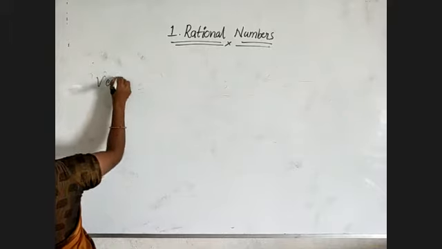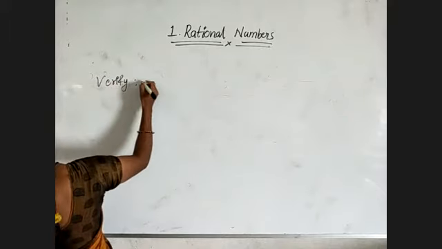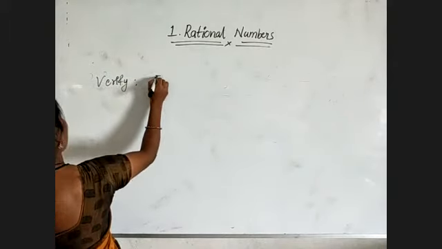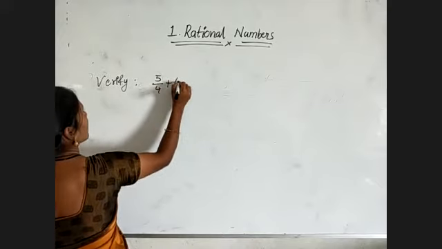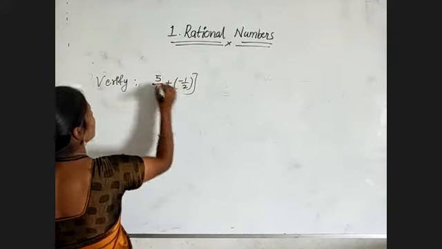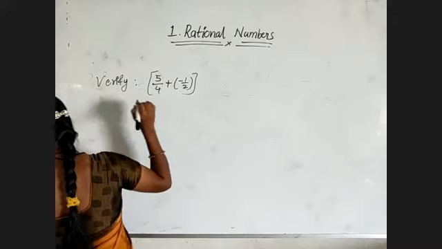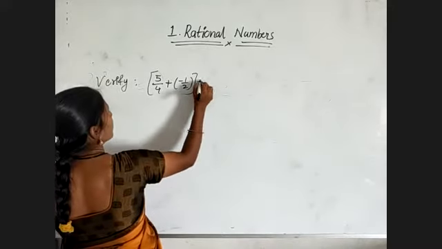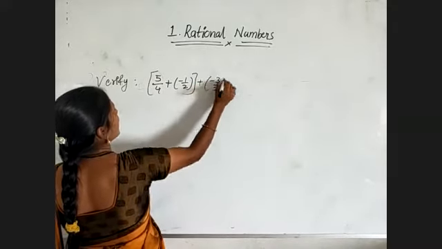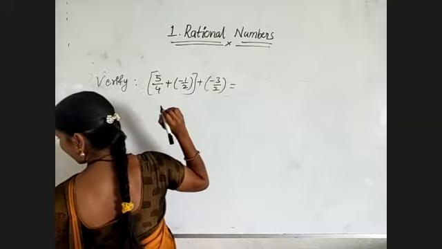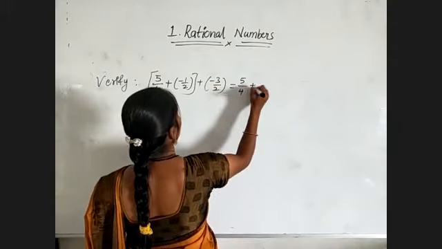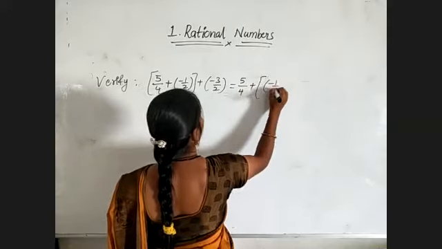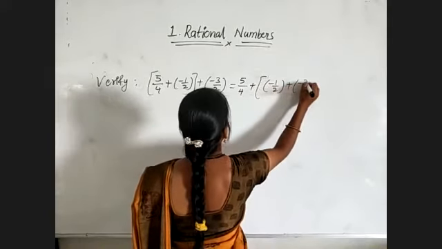Verify 5 by 4 plus of minus 1 by 2 plus of minus 3 by 2 is equal to 5 by 4 plus of minus 1 by 2 plus of minus 3 by 2.